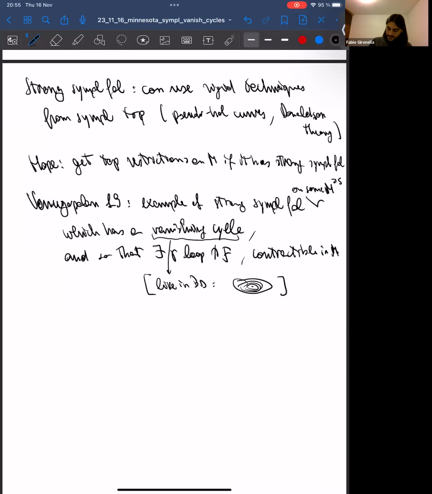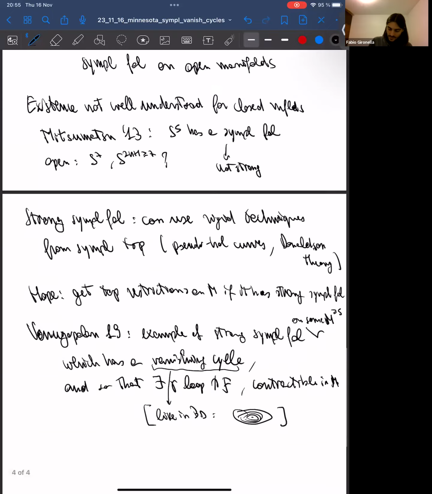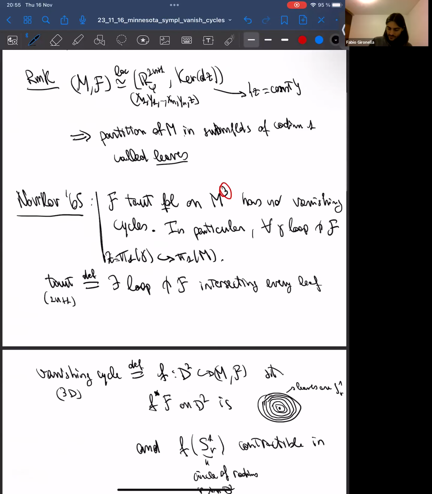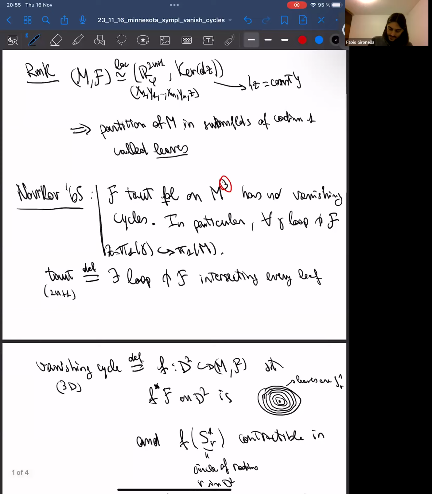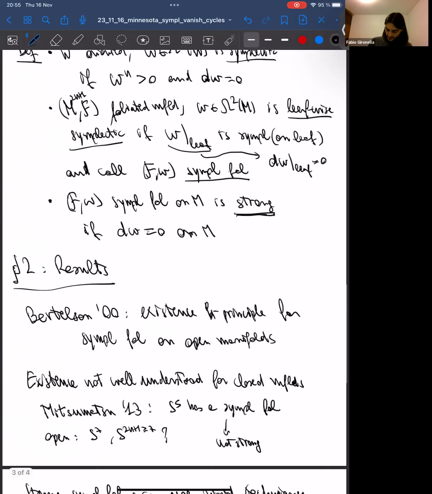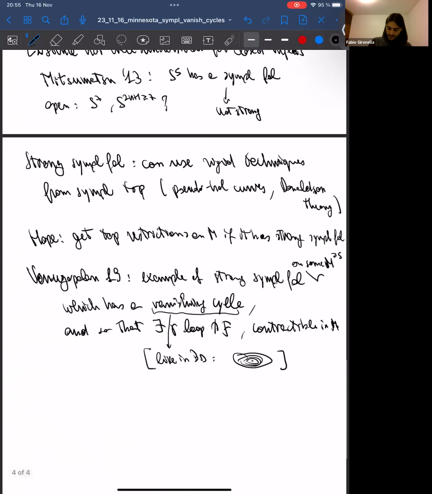And the fact that there's a loop transverse to the foliation and contractible in M tells us that we cannot expect the obvious generalization of the Novikov theorem for this kind of foliations. This cannot hold, at least with the same definition of vanishing cycle, looking at the pi 1.